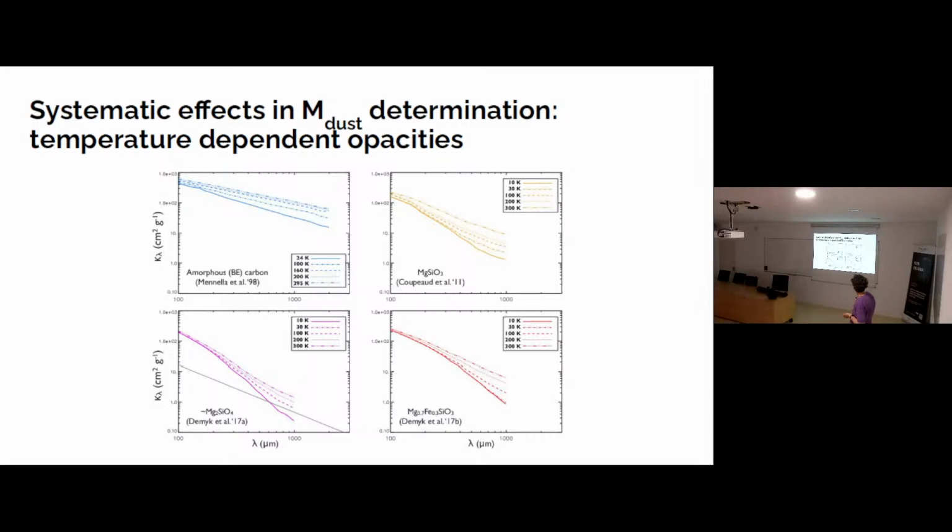What you can see is that these lines are all measured at different temperatures. So the dust opacities are not, in fact, constant, but they vary with temperature. The lowest temperature is here and the highest temperature is there. So if your dust has a different temperature, you have to multiply it with a different dust opacity. And also, typically, they lie significantly above the assumed dust opacities that people use.